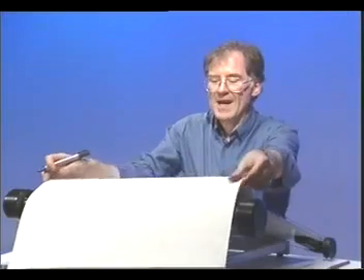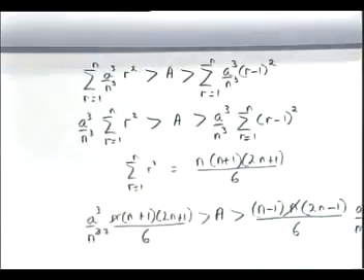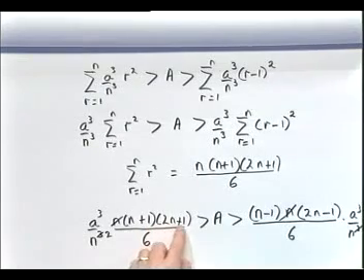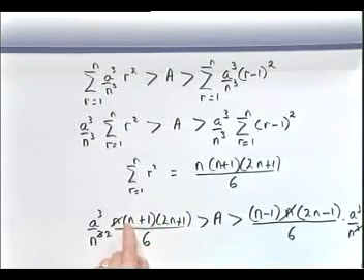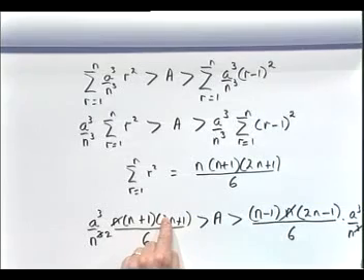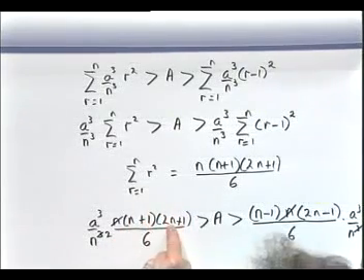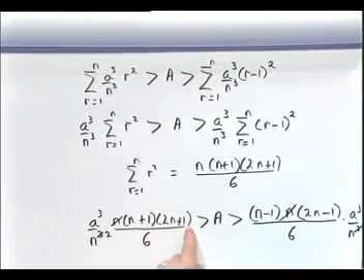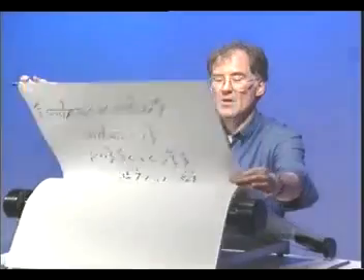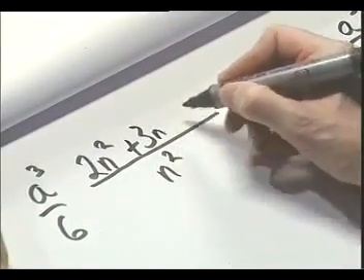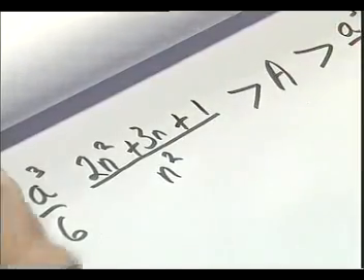Now let's just go back and look at these brackets. This is n plus 1 times by 2n plus 1. So it will give us 2n squared, n and 2n, which will be 3n, plus 1. So we'll have 2n squared plus 3n plus 1.